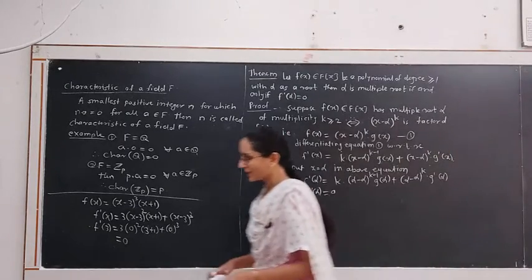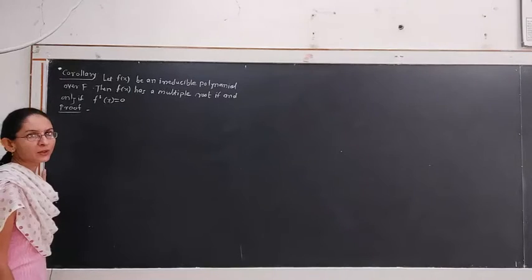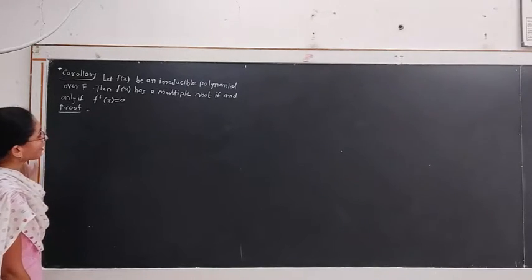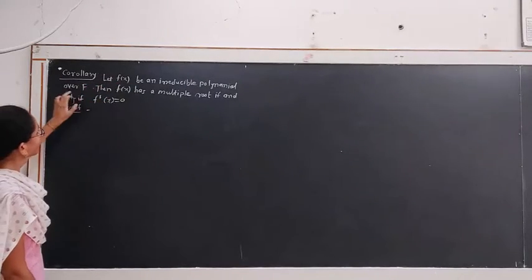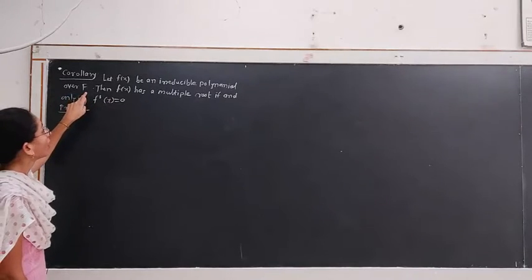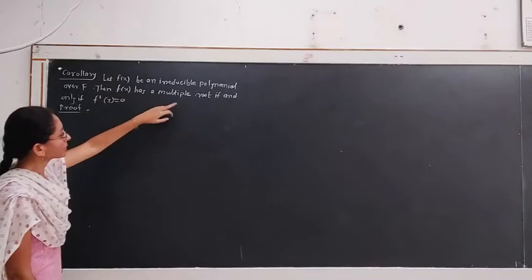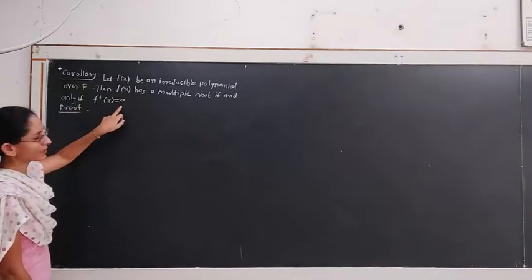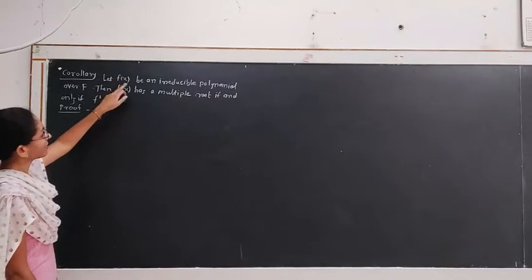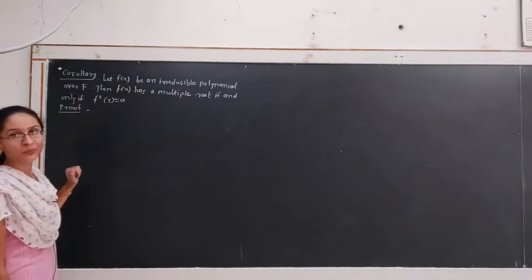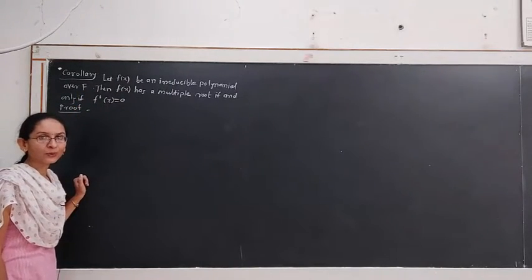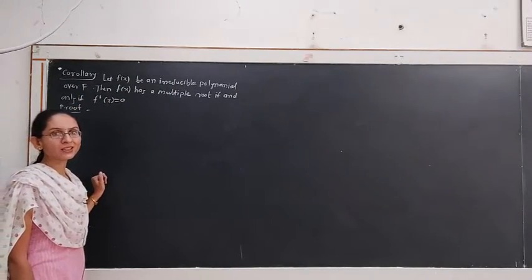The next is the corollary. We prove this corollary. It is given that f(x) is an irreducible polynomial over F. Then f(x) has a multiple root if and only if f dash of x is equal to 0. As f(x) is an irreducible polynomial over F, f(x) does not have a root in F because it is irreducible.